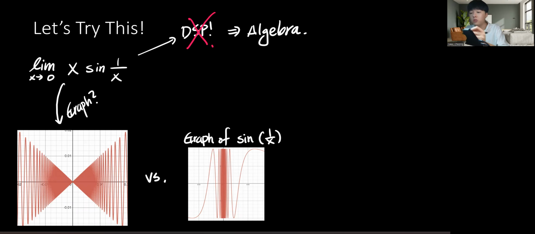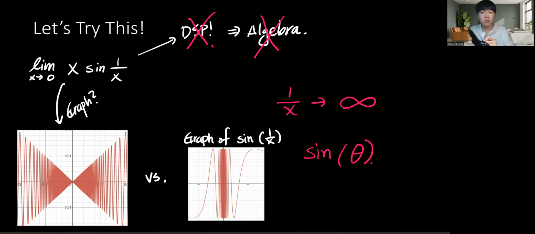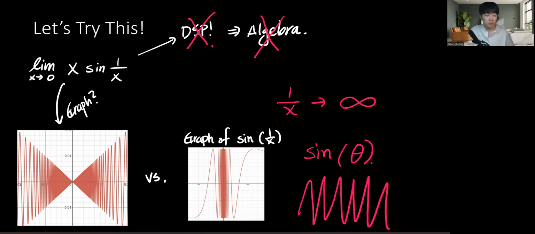Then we can use a table to see where it is going. However, even though 1 over x is becoming infinity, it means nothing. Why? Because sine is a periodic function. So if the input keeps increasing, it will keep oscillating between 1 and -1. An oscillating function means the same pattern continues forever, and sine x is always oscillating between 1 and negative 1.